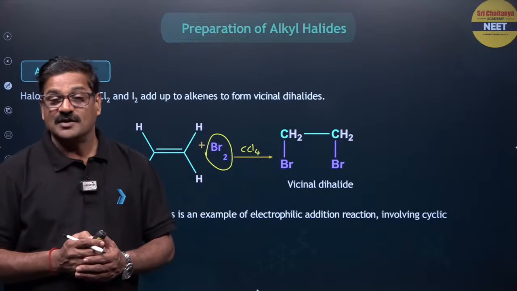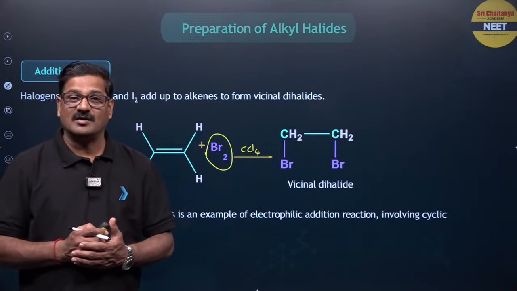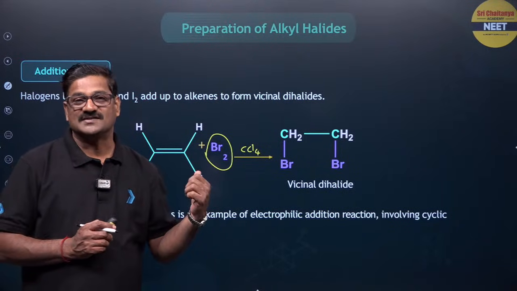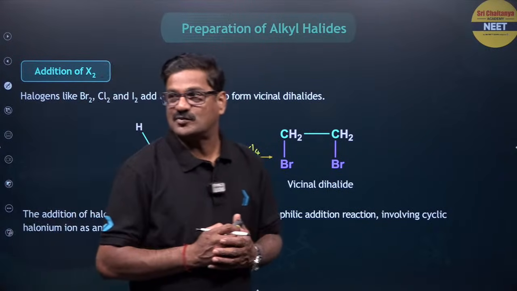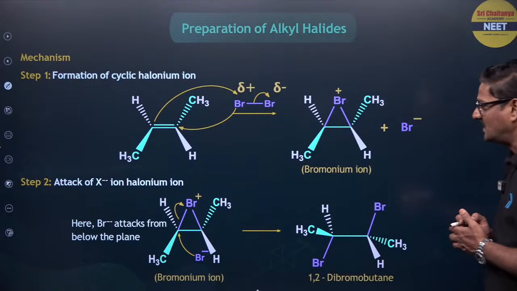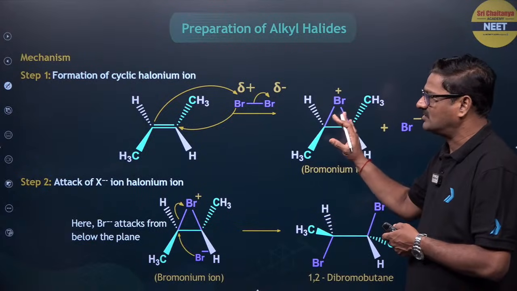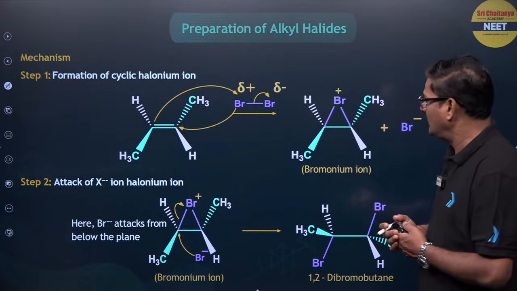And of course, among all cycloalkanes, cyclopropane also gives this test due to ring strain. So there are many important points I want to mention here. You can see a cyclobromonium cation is formed, a non-classical cyclic halonium ion.